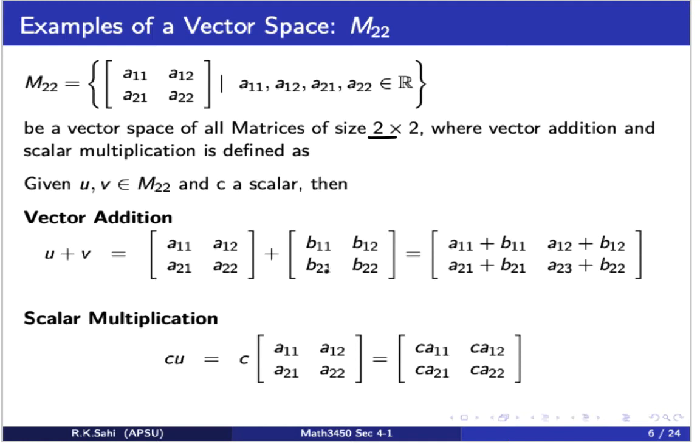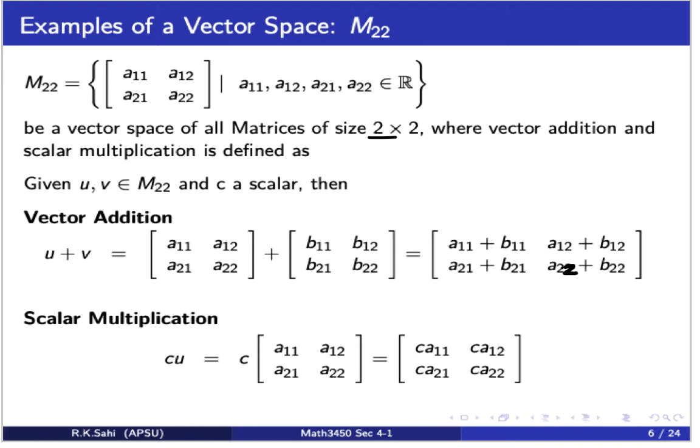Then A21 plus B21, and then A22 and B22. Oh, that's a typo, guys, it should be A22. The scalar multiple is basically multiplying every element inside this matrix with a c. So cA11, cA12, cA21, cA22.